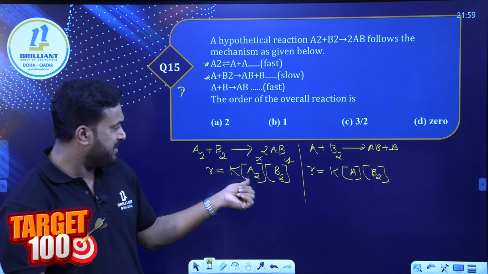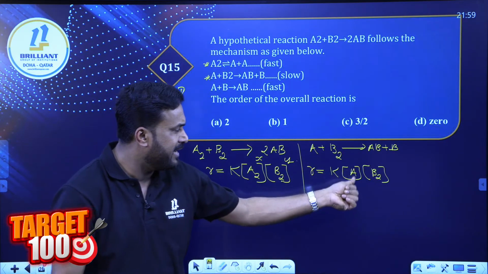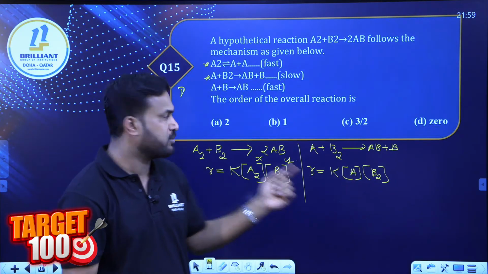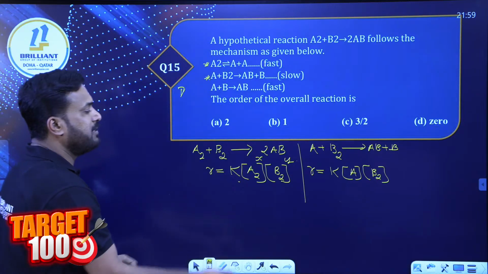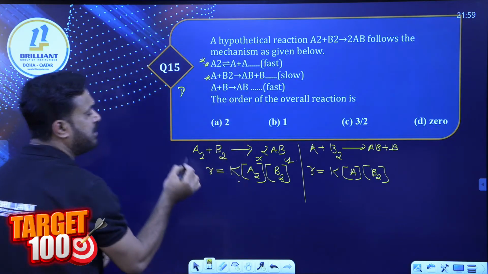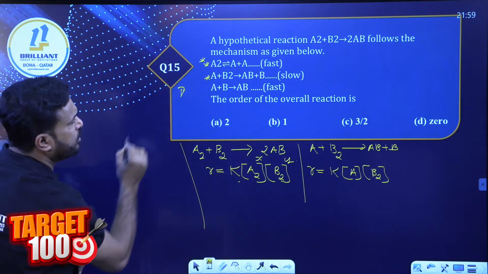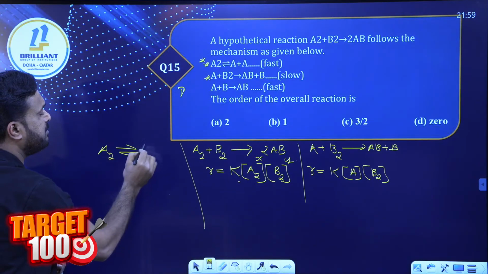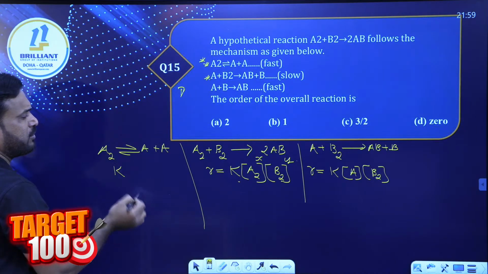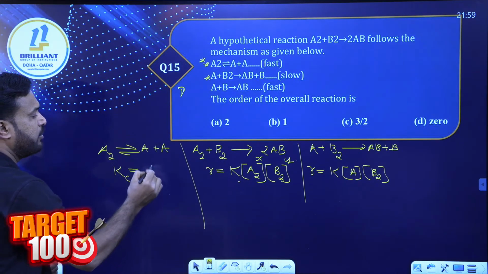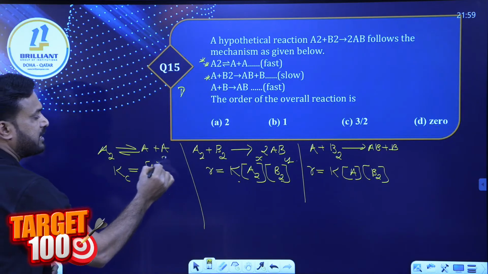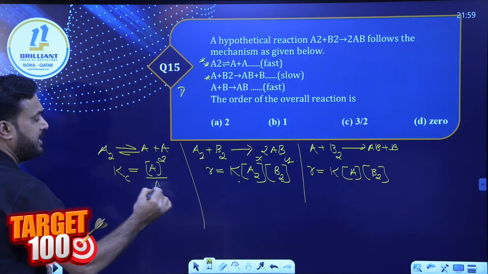But in the actual equation we have A2 and B2, while in the elementary step we have A and B2. So we need to substitute for A, because if we have A2 here, then it's fine. For that we are going to use the first equation, because this reaction is a reversible one, and we can apply the equilibrium constant. A2 reversibly gives A plus A. So Kc equals concentration of A into A, that is A squared, divided by A2.